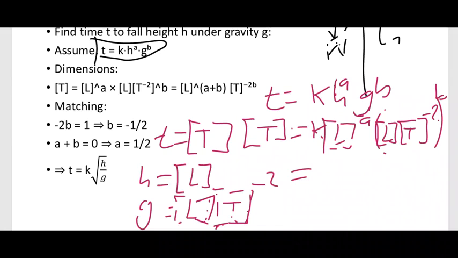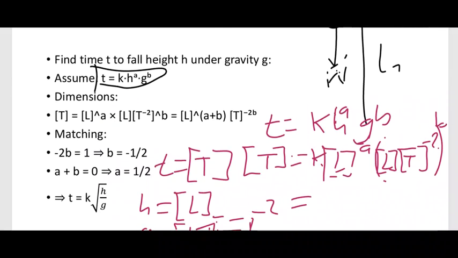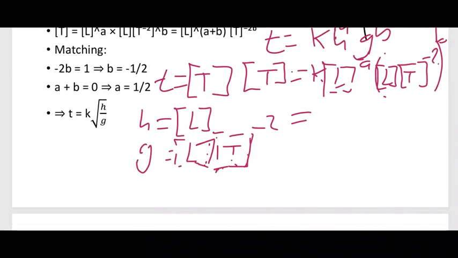If you go further, distribute the b there. But since our aim is to find the values of a and b, we can eliminate the constant k because it is dimensionless.